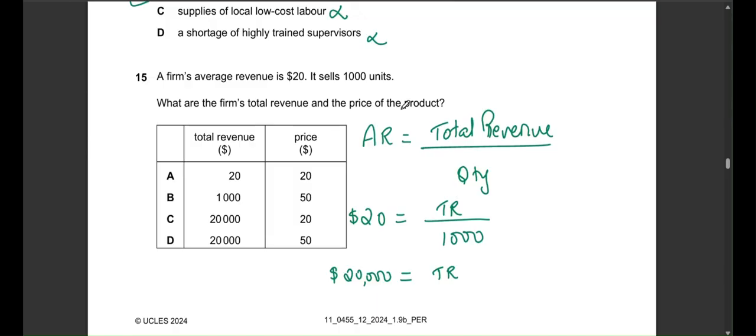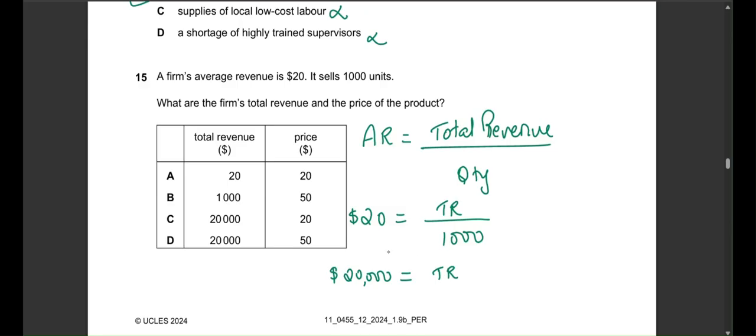As you all know, the formula for average revenue is total revenue divided by quantity. In this case, we know average revenue is $20 and total revenue is TR divided by quantity, they have given 1000. So my total revenue would be 20,000.